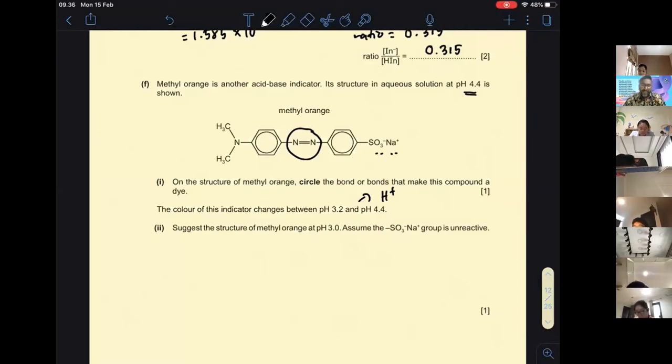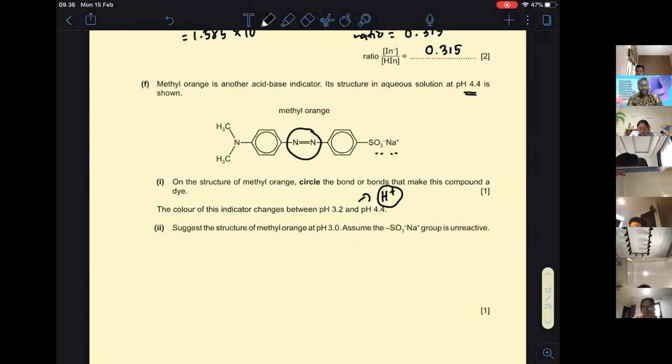And what is the change? The only reasonable change is to think about it this way. If I have a lot of H plus at that pH, that H plus must be able to react with my methyl orange. So I need to think about what part in my methyl orange will react.